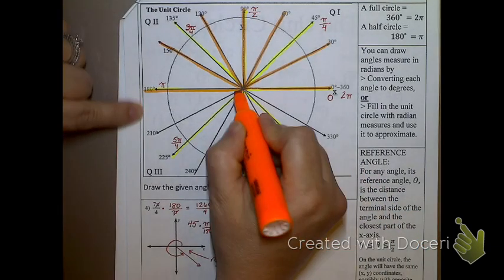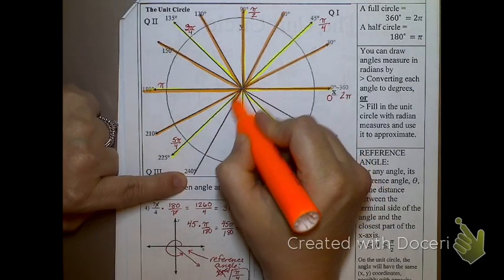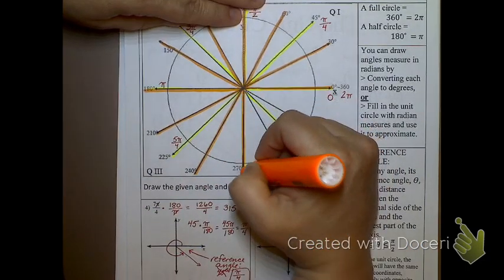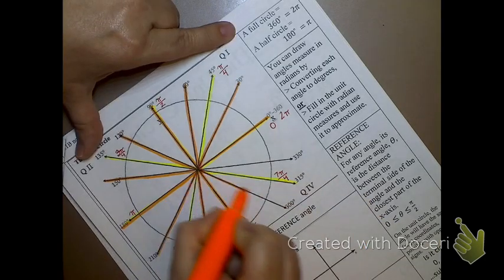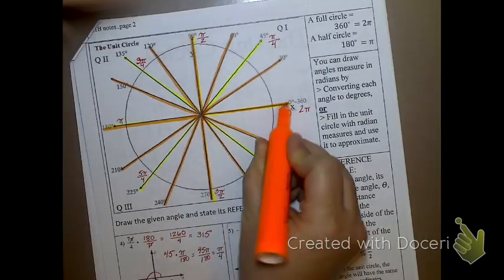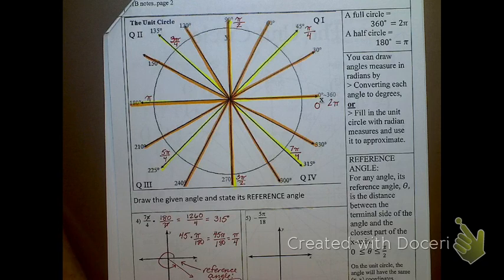So I'm at 180, 210, 240, 270, 300, 330, and then of course 360. So those are all my multiples of 30. Kind of following me?